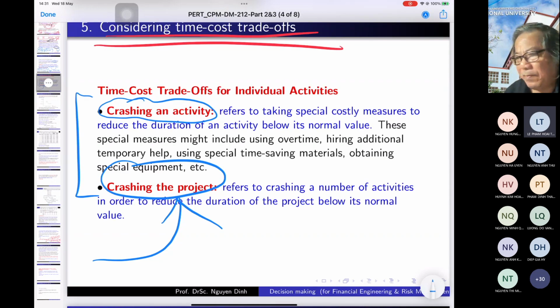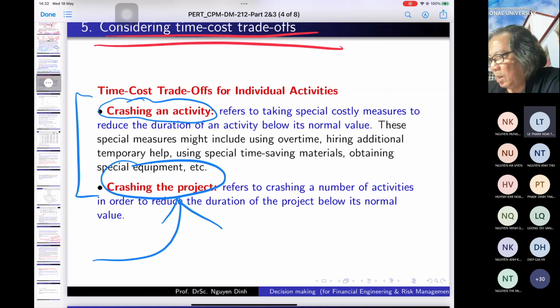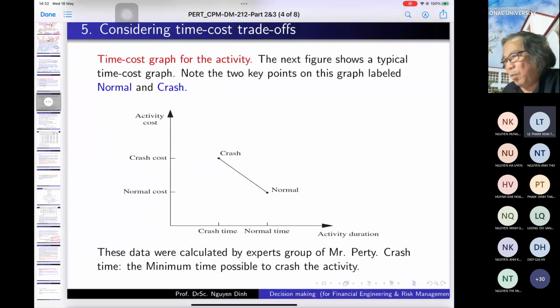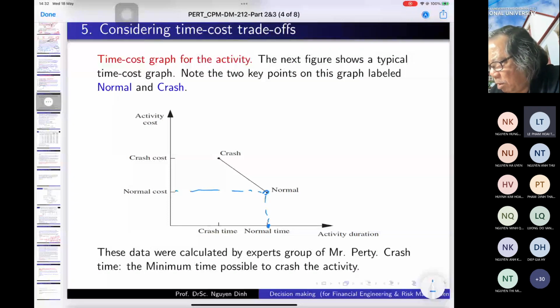We crash the whole project, divided into 2 parts, like this. And now for one, we need to make some assumptions. Suppose that this is the normal time, and this is the normal cost. The normal time here, for example, is 10 weeks.